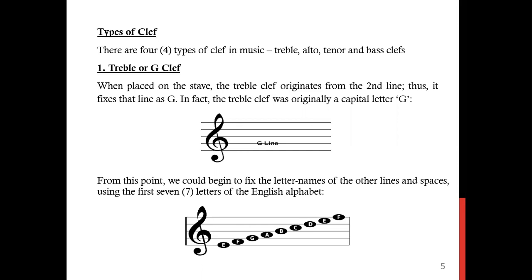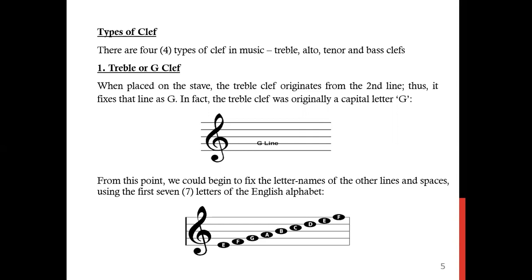So when we put those clef signs at the beginning of the staff, we don't have only one type of clef. We have 4 types. Although 2 of them are the most common in music, especially in singing hymns: the treble or G clef, and the F clef or the bass clef.